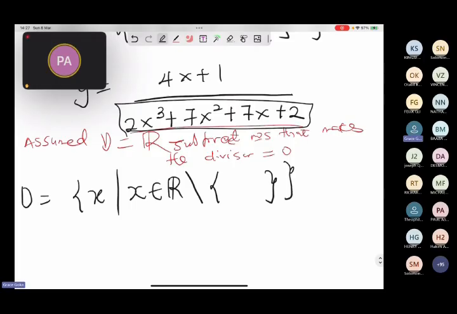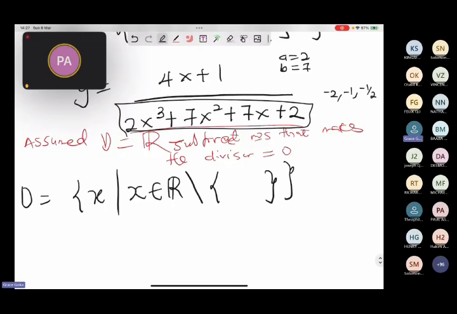Your A is equal to 2. Your B is 7. Your C is 7, and then 2. Is it -1 over 2? -1 over 2. Yes, madam.